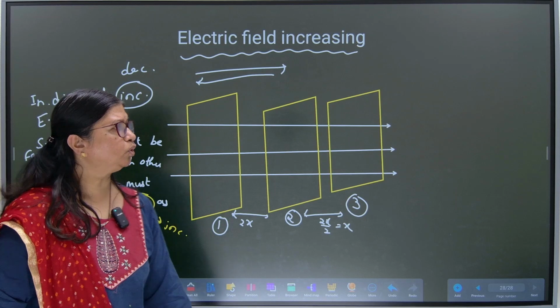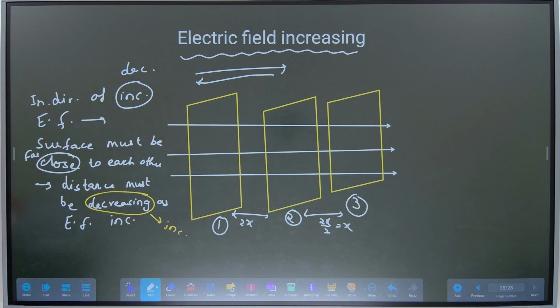Okay, I'll just move, you take a pic of what we have learned just now. Understand it very minutely. As the electric field increases, the distance between equipotential surfaces decreases. Same vice versa. When electric field decreases, the distance between equipotential surfaces increases. Fine? Okay?